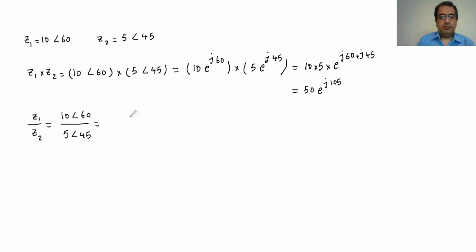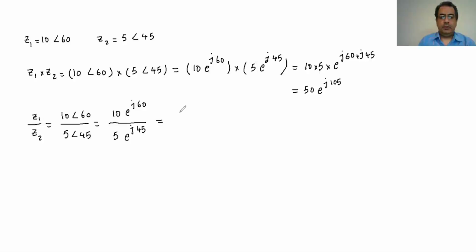And write it. Eventually, you don't even need to write it like that, but at the beginning you can write it like an exponential to make it easier for you. So say it's 10 e to the j60, and it's going to be 5 e to the j45. So you go ahead and look at that.